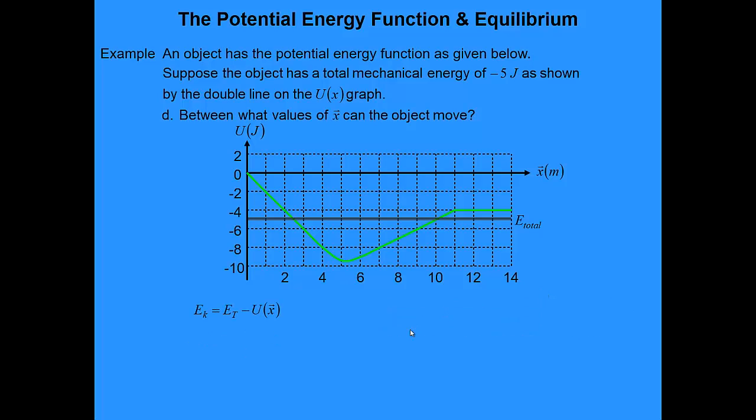Well, the total energy is -5, right? Kinetic energy is 0 when the potential energy is -5, in this case, because -5 minus a -5 is 0. Well, where's the potential energy -5? At about 2.5 and about 10 meters.